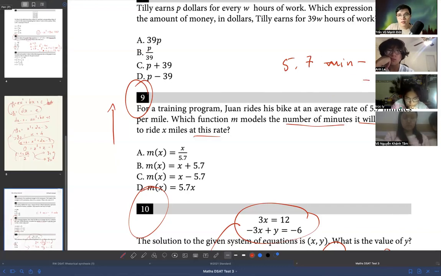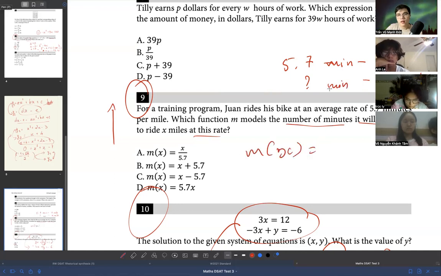So it's very simple, just another conversion. x miles is how many minutes, right? So M of x equals x divided by 5.7. x divided by 5.7 will be the resulting equation from this one.